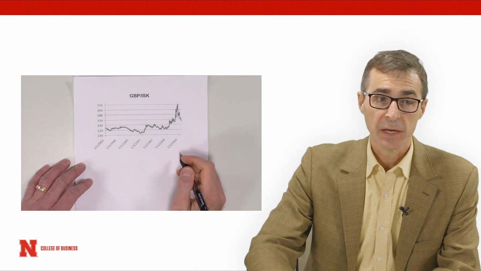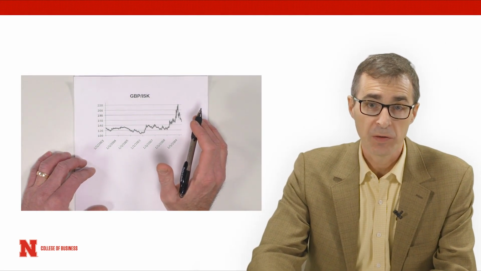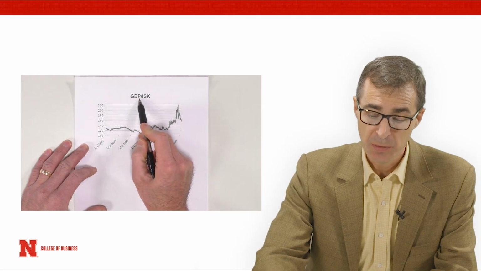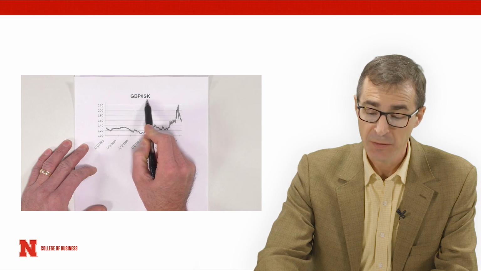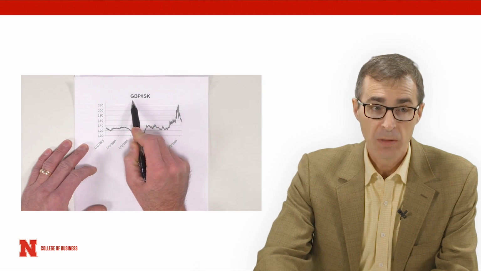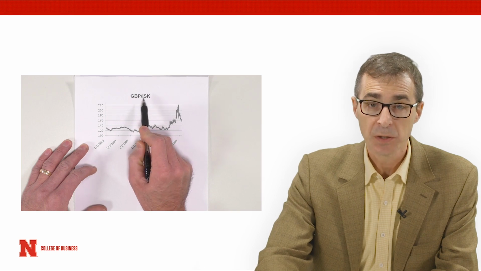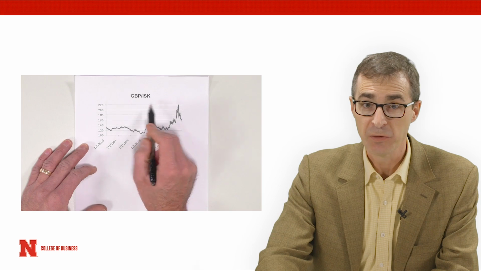The first key idea is the way in which foreign currency prices are written. If you look at the label here, GBP/ISK, the GBP stands for Great British Pounds, ISK is Icelandic krona. This notation means the price of 1 British pound in terms of Icelandic krona. It does not mean the number of British pounds per krona.